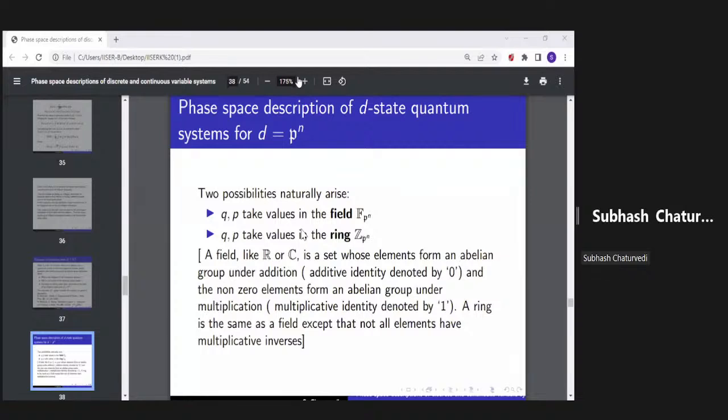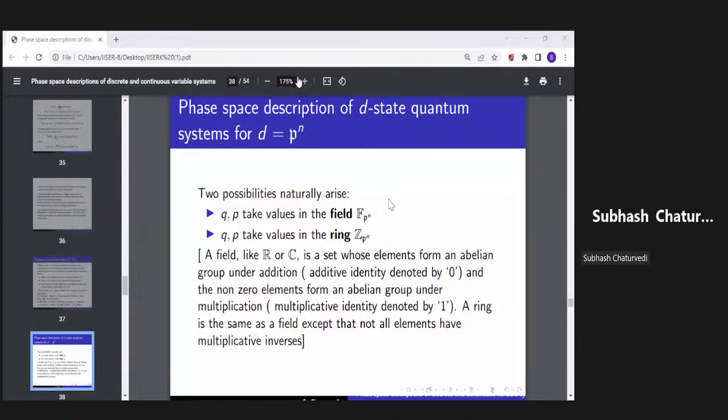Can we move from finite dimensional Hilbert space to Wigner distribution formalism? This is a good question. I had done some work in the reverse way, that is passing from the continuum to the discrete case.